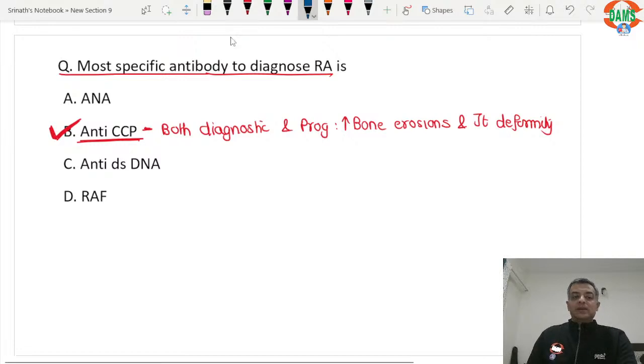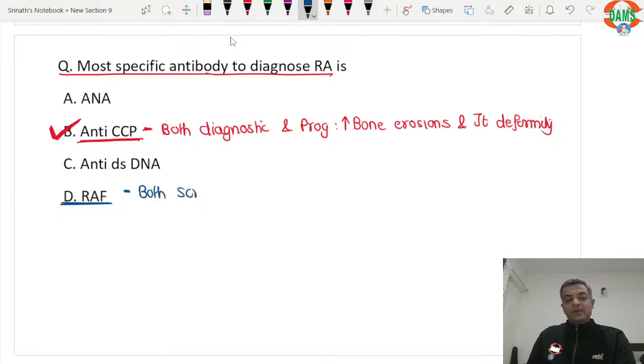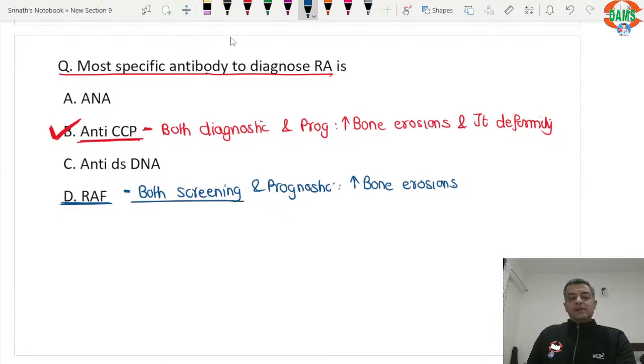Remember, what is RA factor? RA factor is both the screening antibody and a prognostic antibody in RA. It also tells me increased risk of bone erosions. Screening because it is the most common antibody.